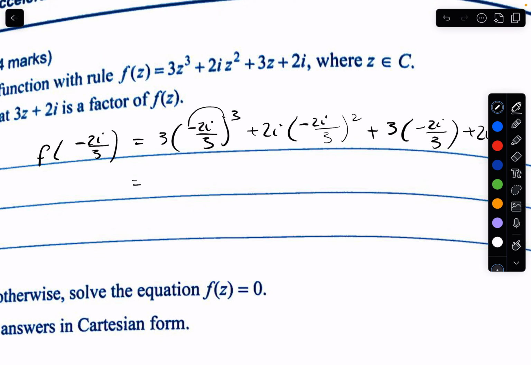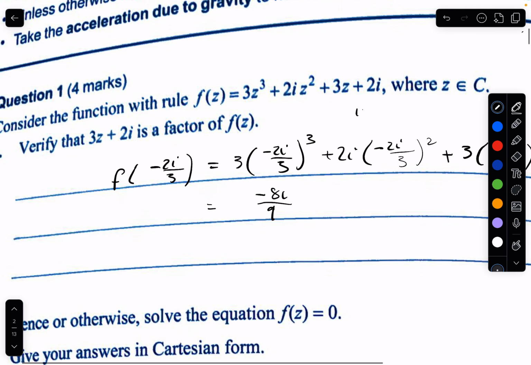Now the negative 2 cubed is negative 8, and the 3 cubed is 27, times 3 will be 9. Now the i cubed is basically i squared times i, which is negative i. So that would turn into positive 8i on 9.